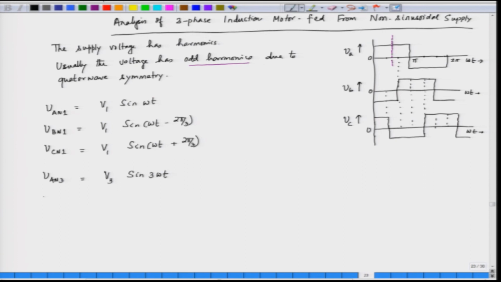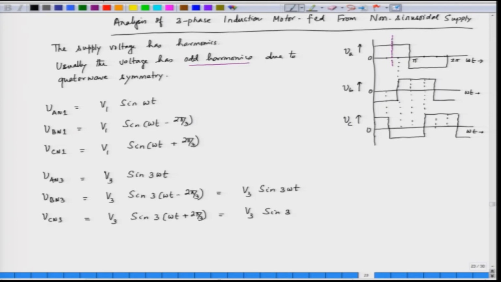Similarly, phase B, V Bn3 is equal to V 3 sin 3 omega t minus 2 pi by 3, that is equal to V 3 sin 3 omega t once again. And what about V Cn3, the third harmonic of the phase C, V 3 sin 3 omega t plus 2 pi by 3, that is equal to V 3 sin 3 omega t.